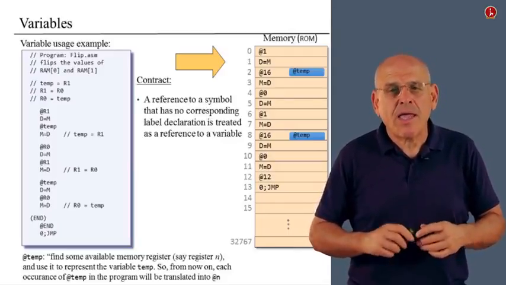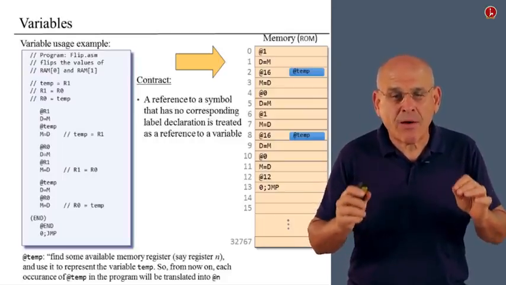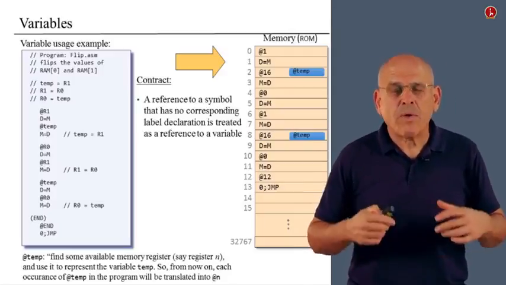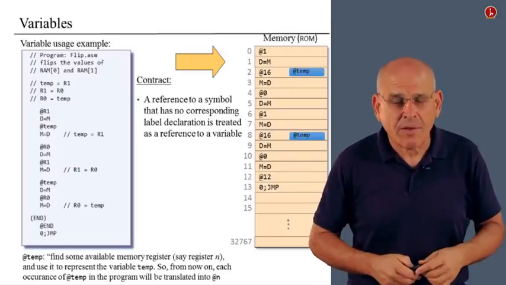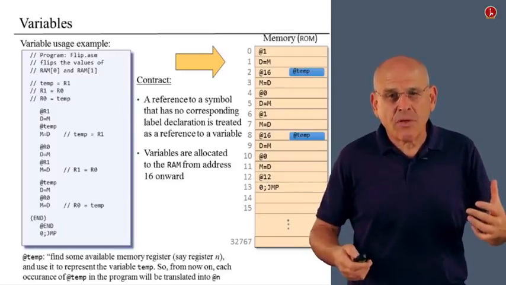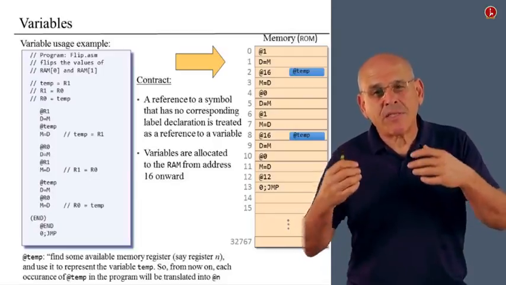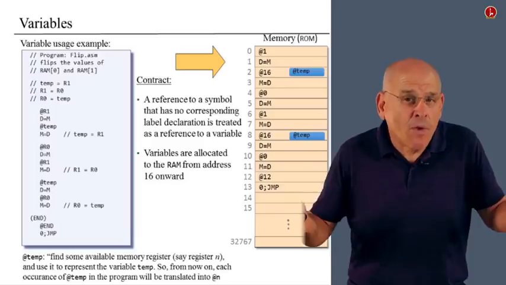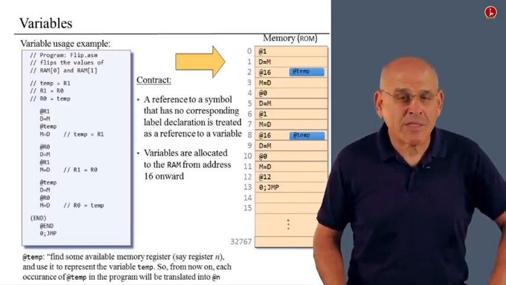First of all, a reference to a symbol that has no corresponding label declaration is treated as a reference to a variable. We assume that the programmer wanted to create a variable. And the second rule is that variables are allocated to the RAM from address 16 onward. In this particular example, we have only one variable, so it ends up being allocated to RAM 16.